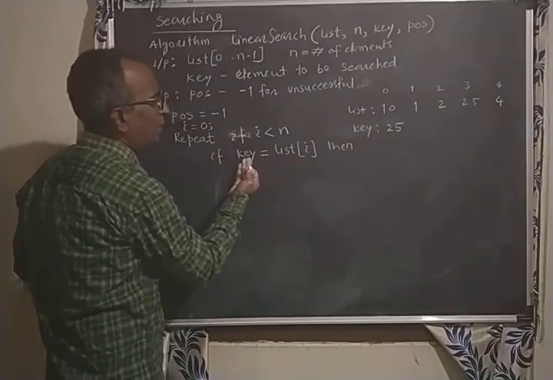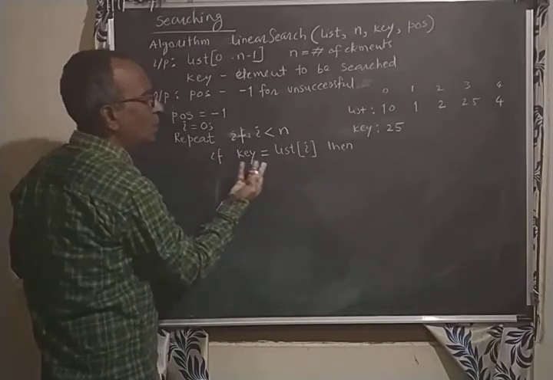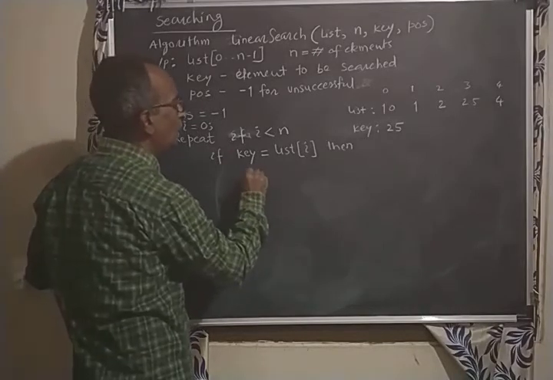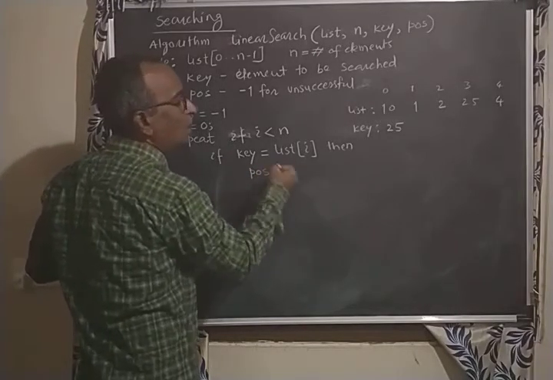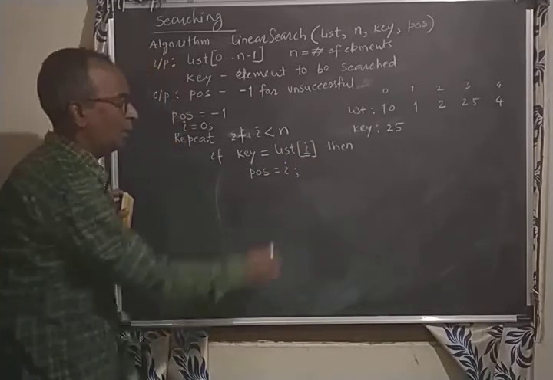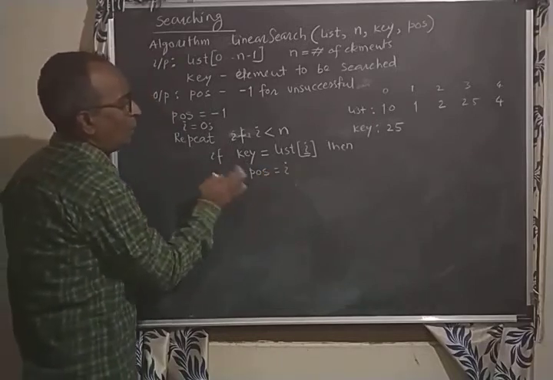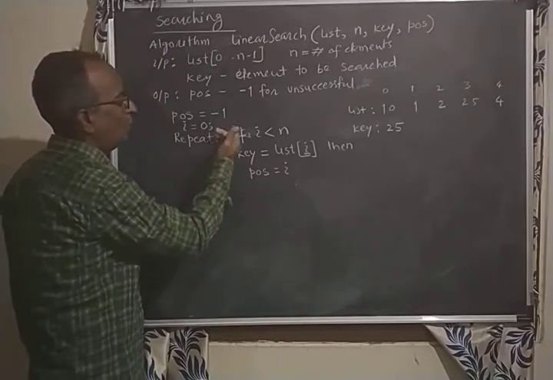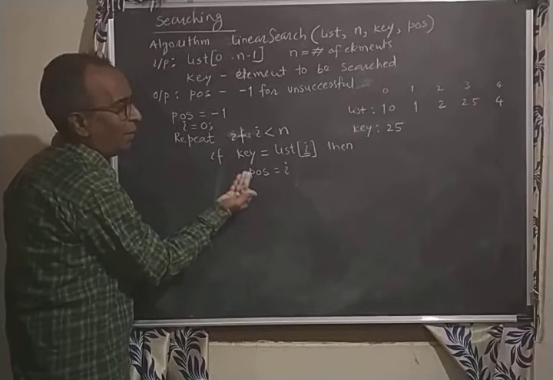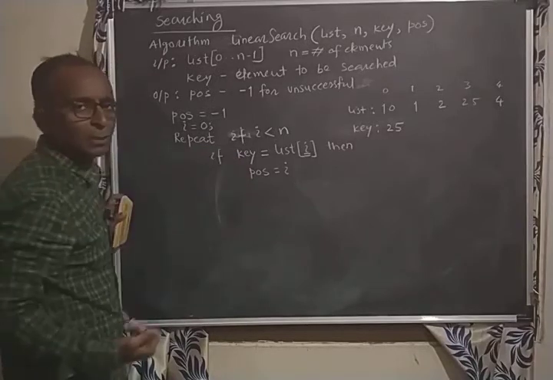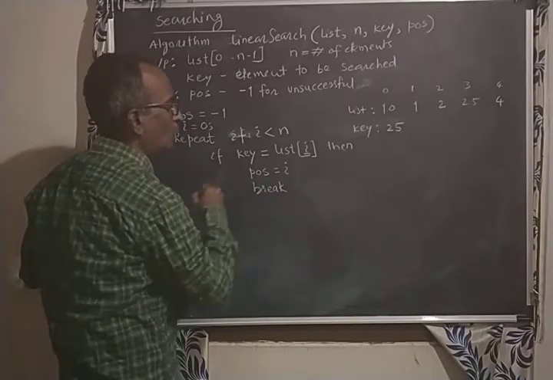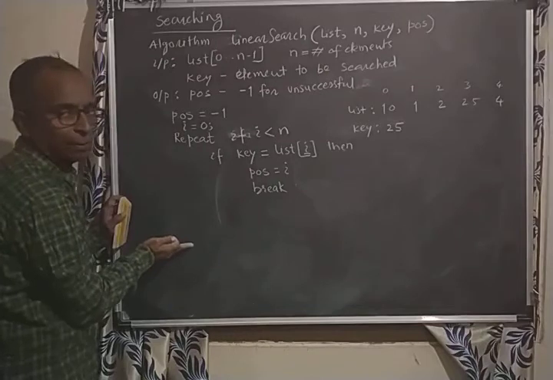So if key is equal to list of 0, it means we have found the element. So we set the position value. Where will the position be? This index i will give you the position, right? Now we have got the position. So when you have a successful search, you can break this loop directly. Break means come out of this step.